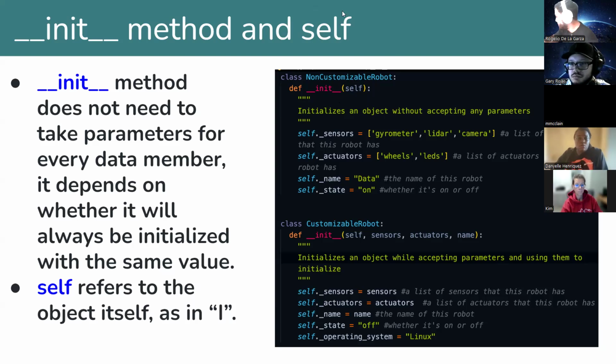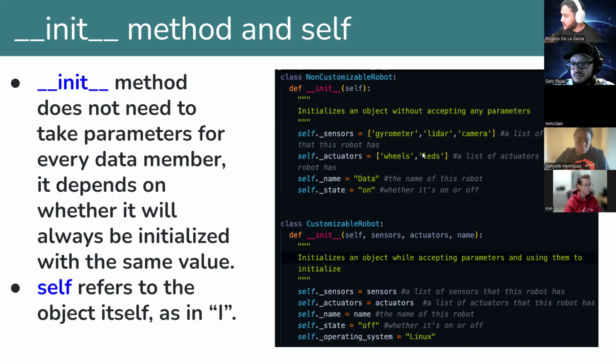So that means whenever you instantiate or call this class, it doesn't have to take anything within the parentheses. The moment we instantiate this class, it will already have sensors, actuators, name, and state assigned to it. These are predetermined by the blueprint, by the class itself. Sensors has a list of three different sensors: a gyrometer, a LiDAR, and a camera.